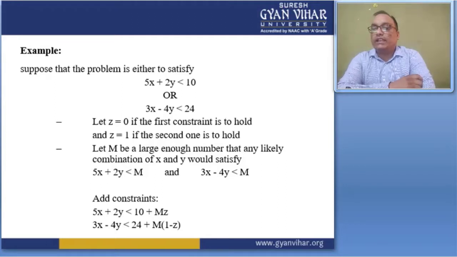Then draw the two axis lines in the graph and find the feasible region, and if you get a feasible region, then you find the optimal solution of this problem.